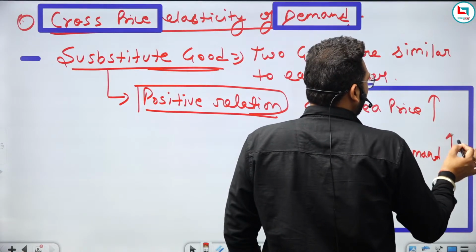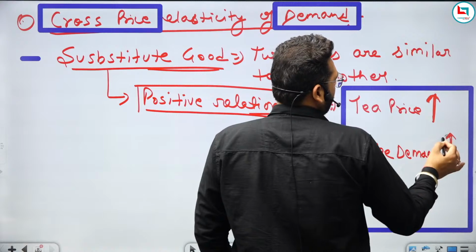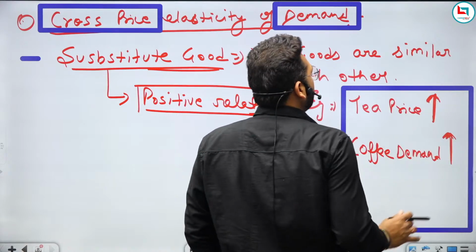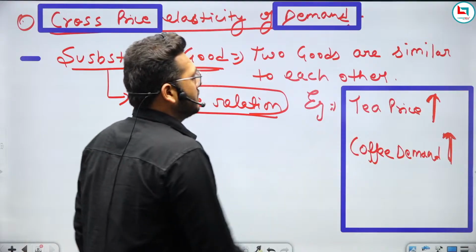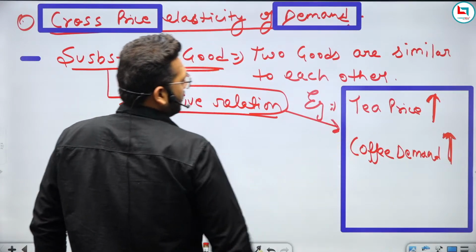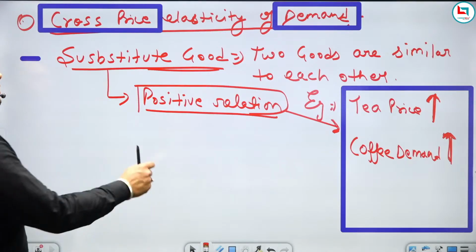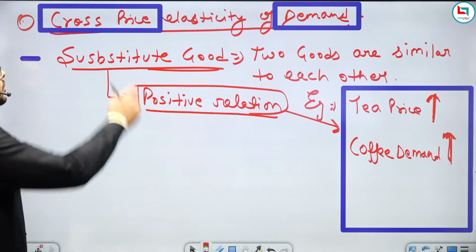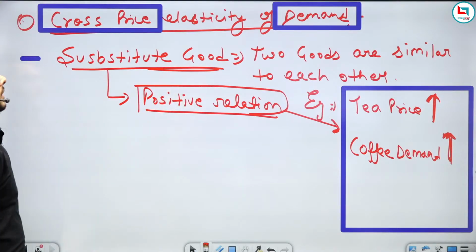This means there is a positive relation, that is why we can say there is a positive relation between substitute goods. That is why this is known as substitute goods. This is cross price elasticity of demand, right?